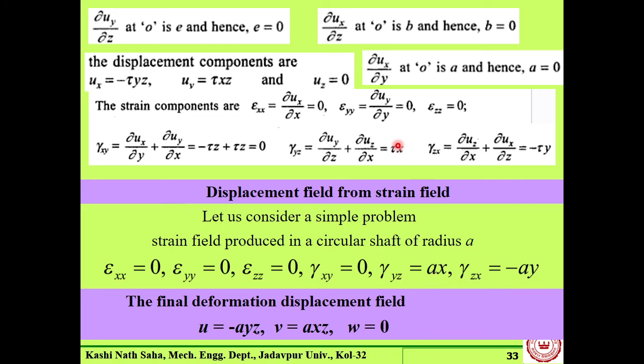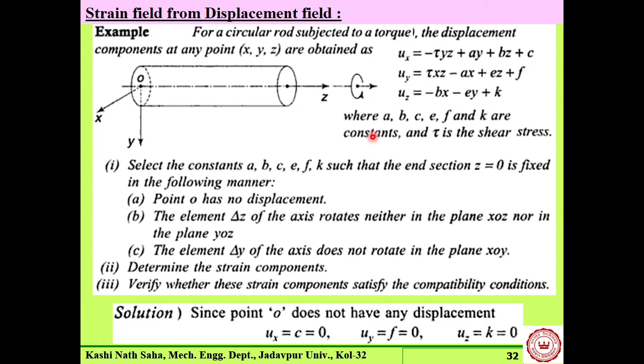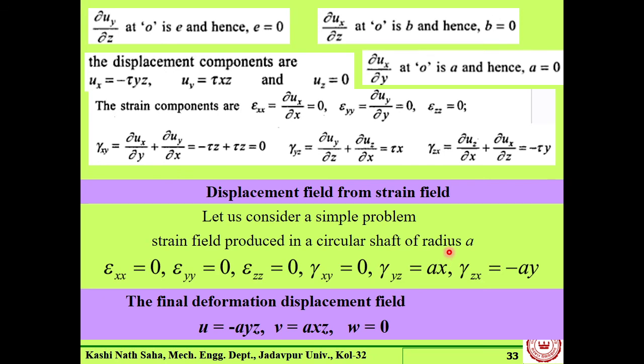We know this is the problem. For this particular problem, this tau is the shear stress. Okay. So, for a particular value of applied torque, I have a particular value of tau.